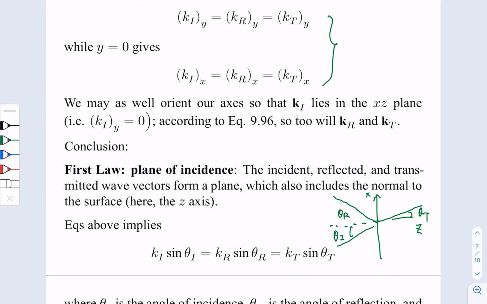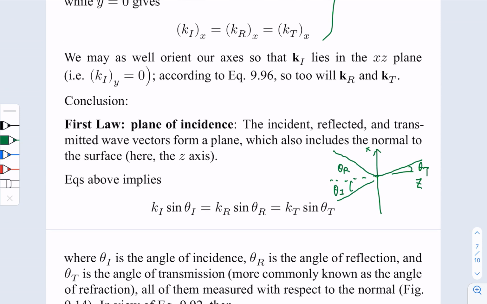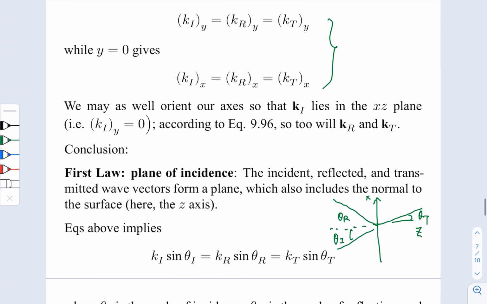If we check the z component, the ki along the z component must be equal to the kr along the z component.